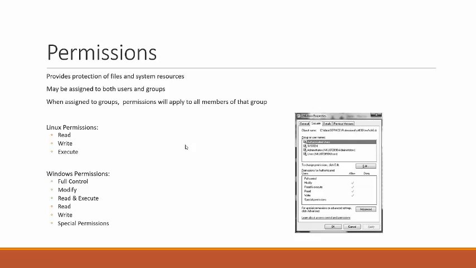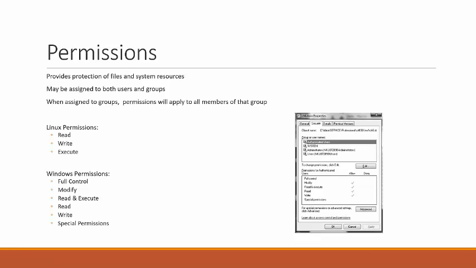So permissions. I mean, the whole point of doing users and groups and all that is to control access to resources. And that's what this is through the idea of permissions. So every document on your server, every file, every directory has properties assigned to it. And within those properties, look, here's a Windows example off to the right, you have security settings.